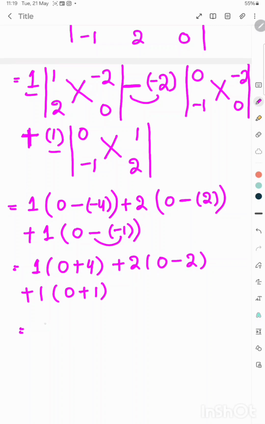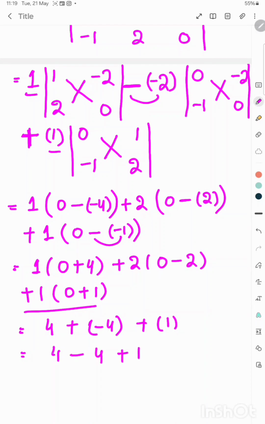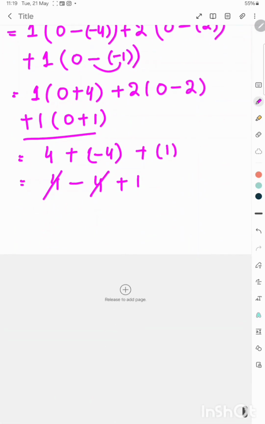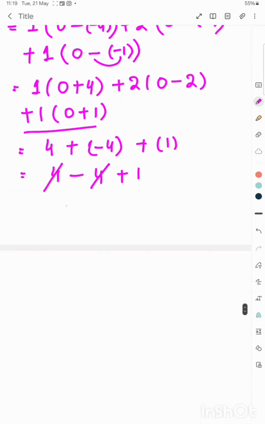So what I get here is 4 multiplied by 1 is 4, plus 2 multiplied by minus 2 is equal to minus 4, and plus 1 multiplied by plus 1 is equal to plus 1. So what I get here is these numbers. Now I just cancel out 4 and 4, and what remains is plus 1. So here the determinant of A is equal to plus 1.